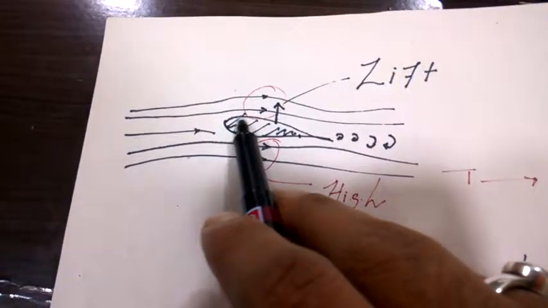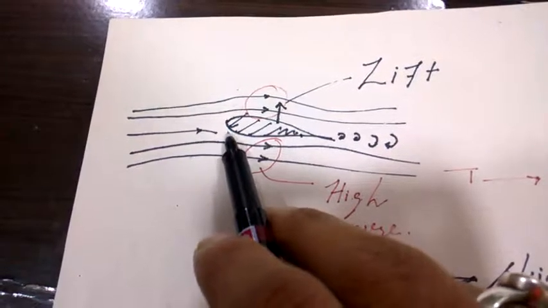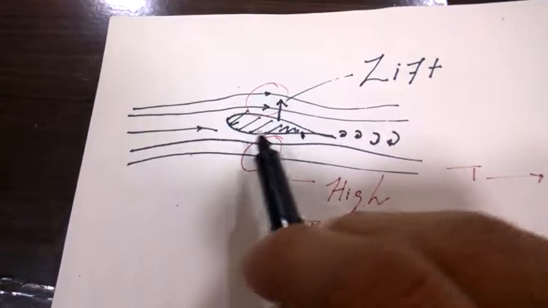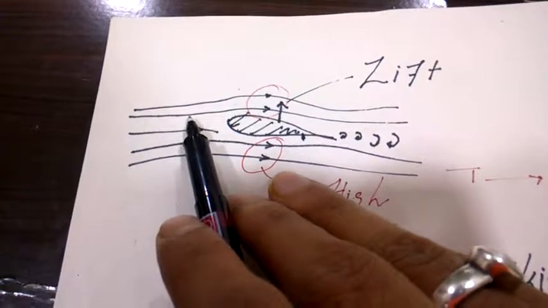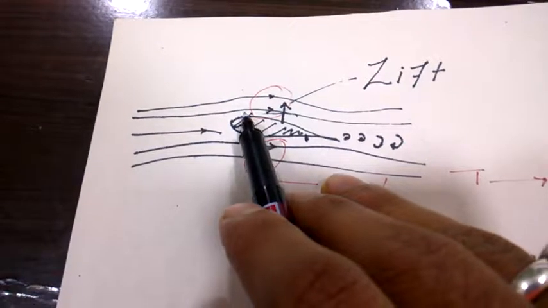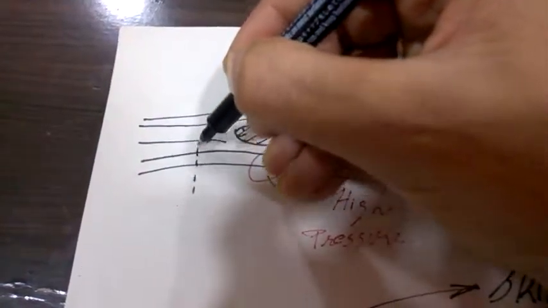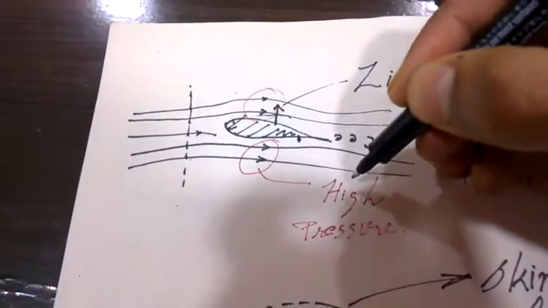It has a cambered shape on the upper side and a little bit flat on the downside. What happens to the airflow or air particles? These are the two sections, right?